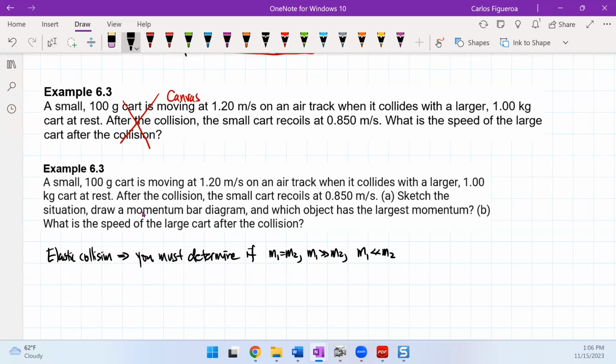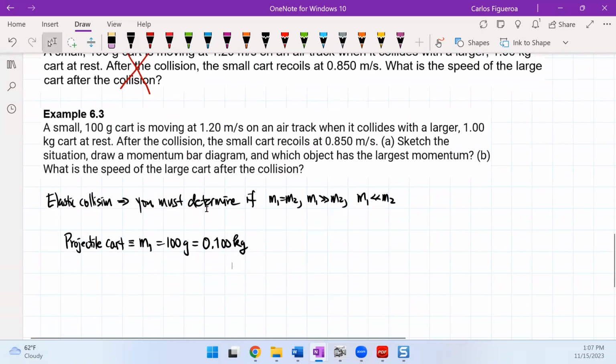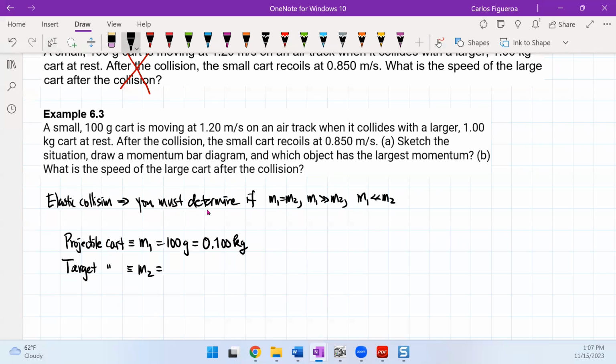So just looking at our numbers, we could see here is that our projectile, which I'll define as M1, is 100 grams, so it's 0.1 kilograms. If I look at our larger cart, this is our target cart. I'm going to call that M2, and you could see that this is 1 kilogram.